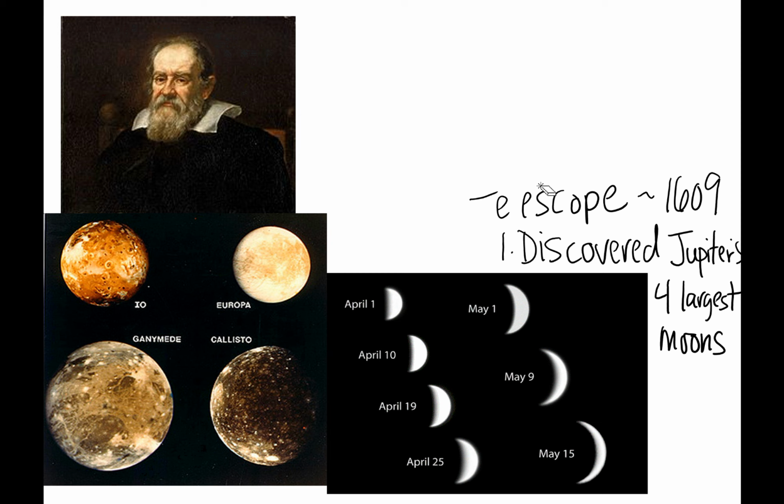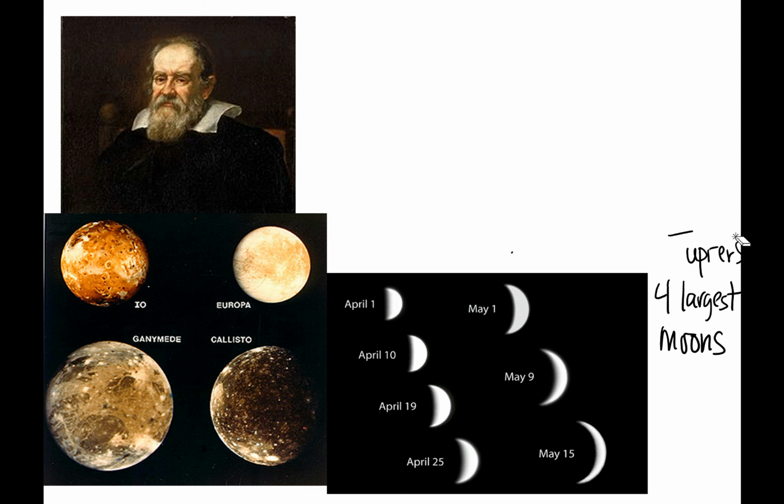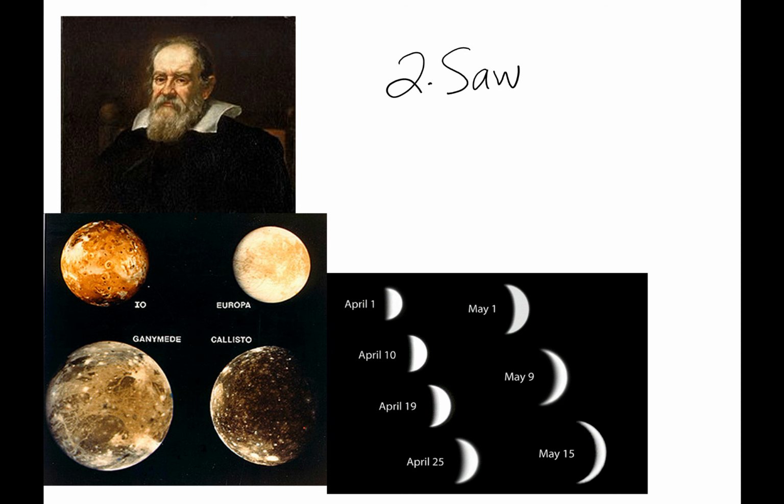Nobody saw them before he actually used a telescope. But we can see that today. If you ever get a chance to look through a small telescope when Jupiter is up in the sky, you can see those moons.